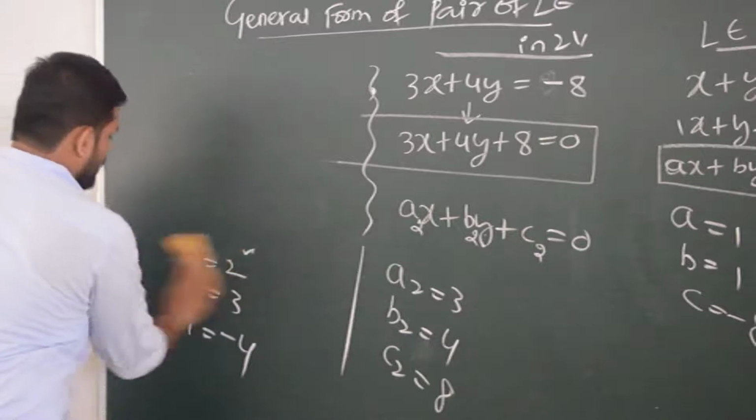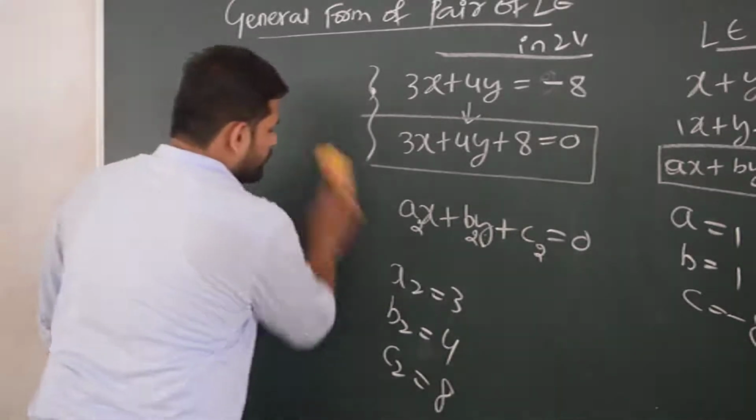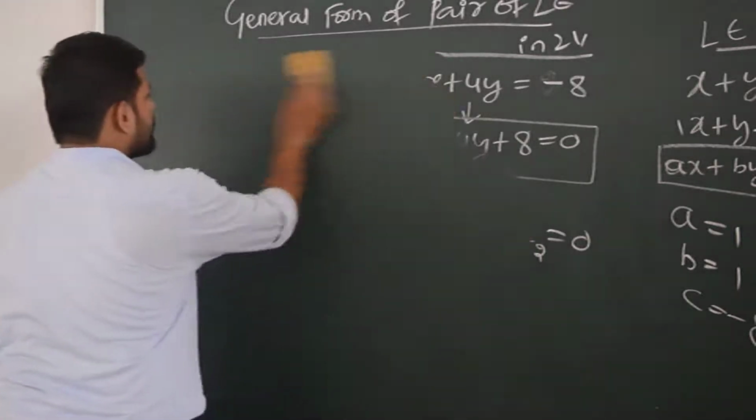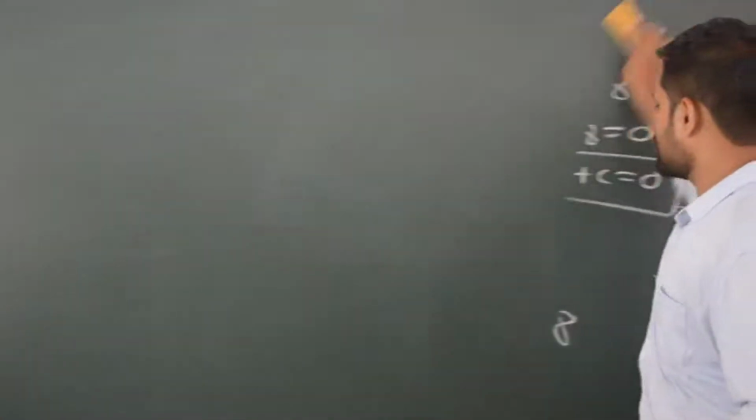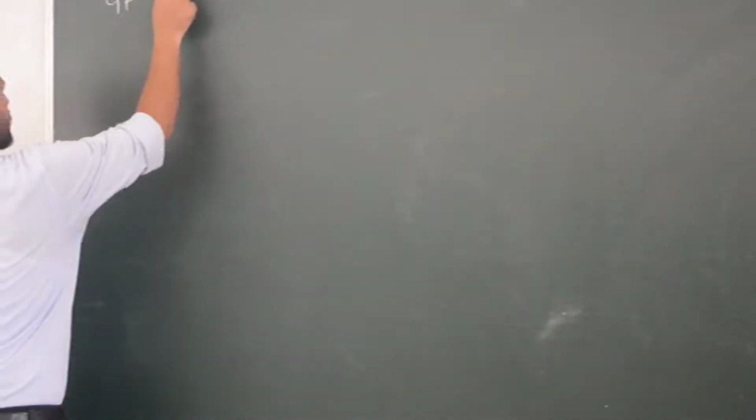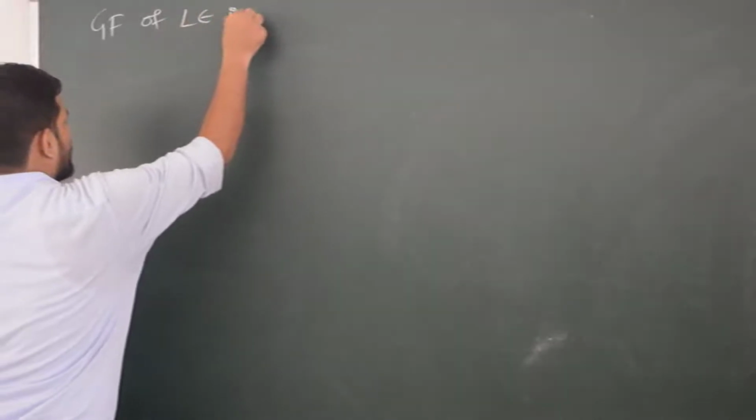Okay. Now, I am going to give you the general form, whatever it is. It may be asked for 1 mark also directly in multiple choice questions or somewhere, or they may ask you what is the general form of linear equation in two variables. They may ask like that. So that's fine. So what is the general form of linear equation in two variables? Tell me, dear children. What is the general form?